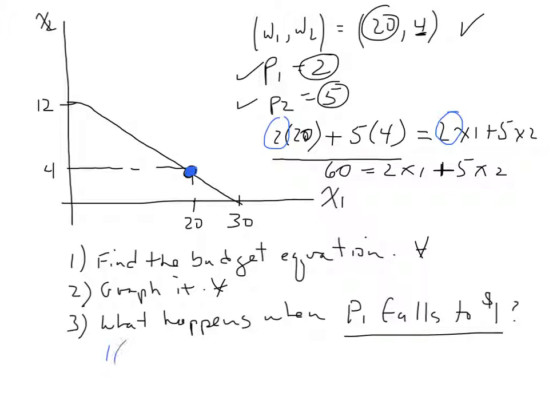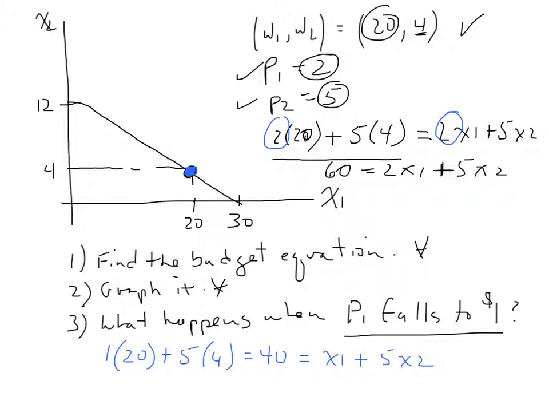$1 times 20, that's what we're endowed with. That endowment hasn't changed, but the value of it has, plus the price of good 2, $5 times 4, and that's a total of 40. And that 40 is going to be set equal to our expenditures, which is 1 now times x1, plus 5 times x2.